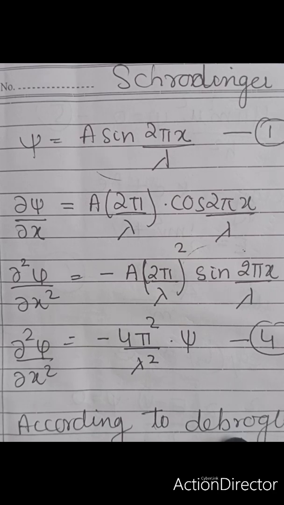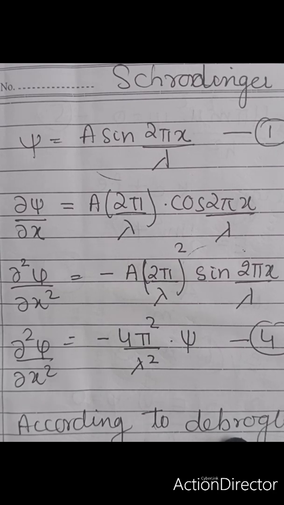So electron motion can be described by an equation which is analogous to what is used to describe a stationary or standing wave system.